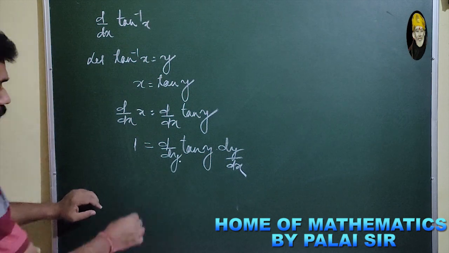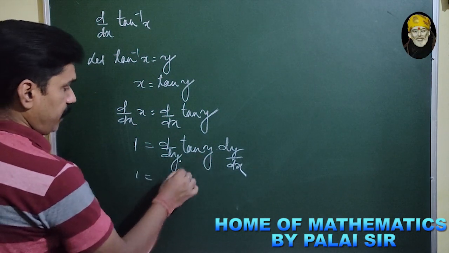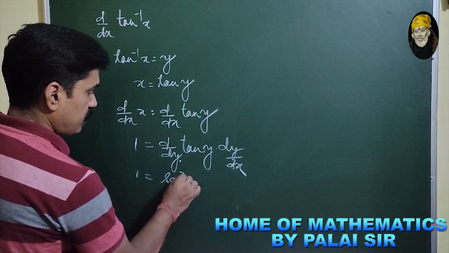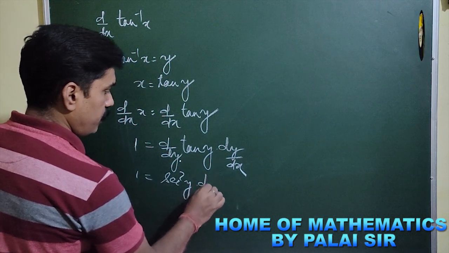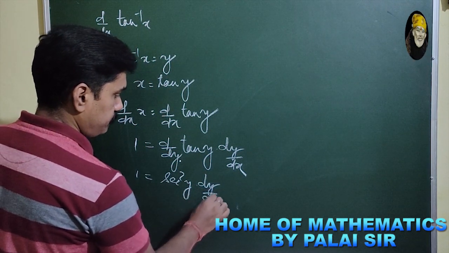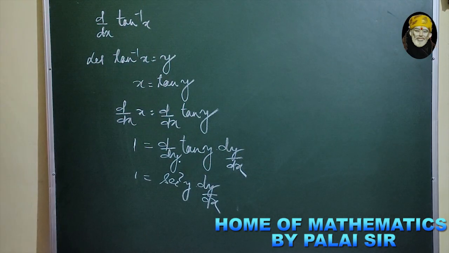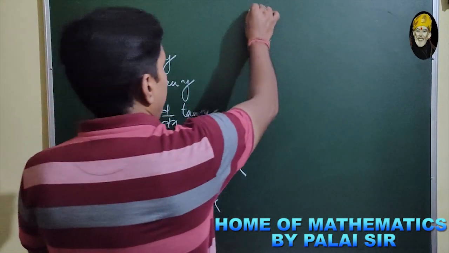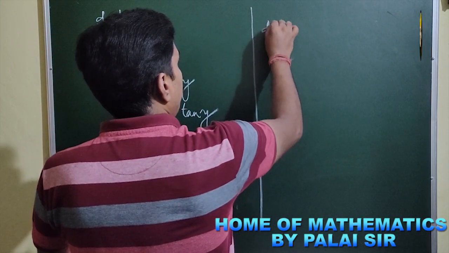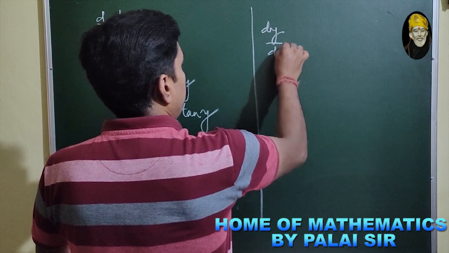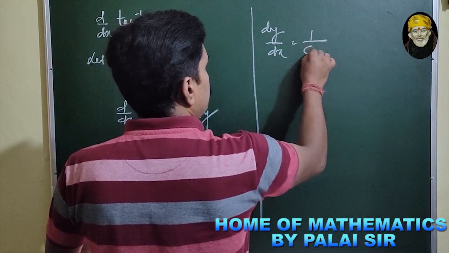So the derivative of tan y is sec square y into dy by dx. So what is the value of dy by dx? dy by dx will be 1 divided by sec square y.